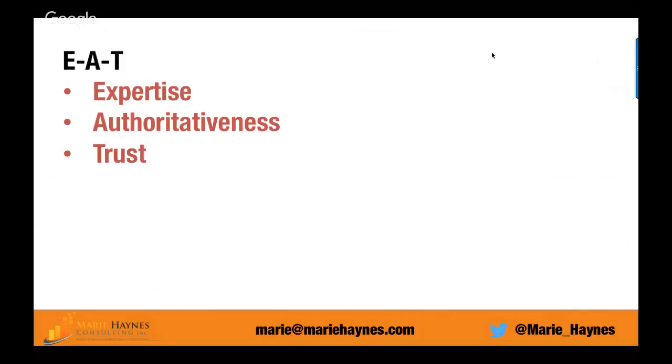And EAT stands for expertise, authoritativeness, and trust. And in my opinion, EAT is even a bigger ranking factor than links, which I know seems kind of insane to say, because for years, SEOs have been focused almost primarily on links. Now, links are still important, but EAT, in my opinion, is more important for the majority of websites.